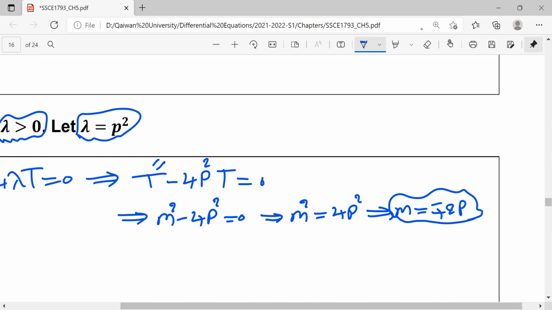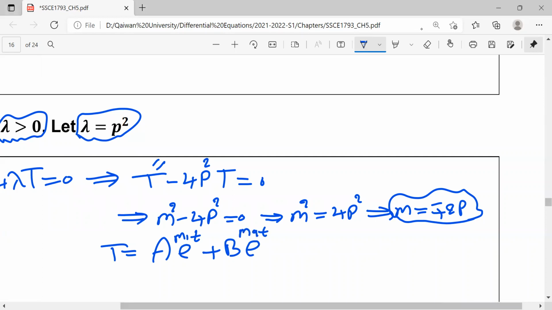Okay, so the solution is T equals A e to the power m1 t, since we have a function of t, plus B times e to the power m2 t.